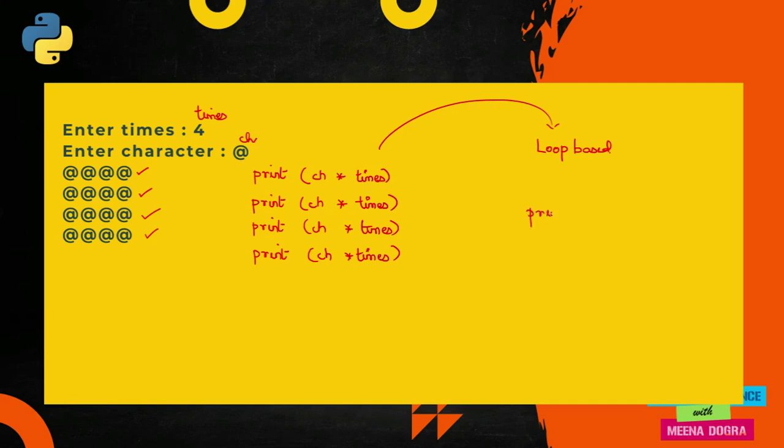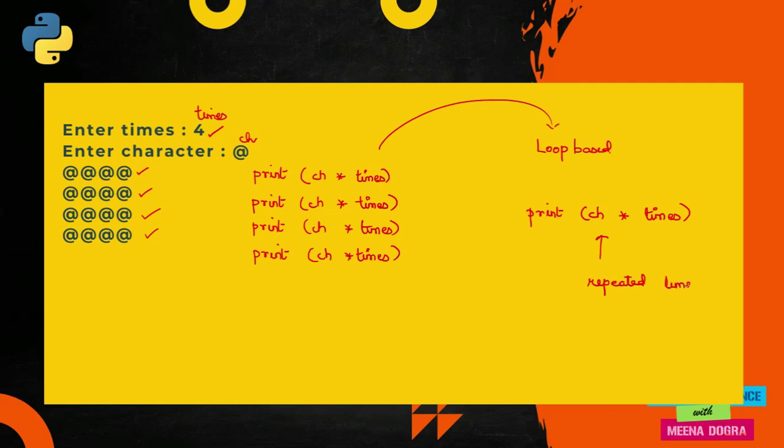My requirement is to print the character entered by the user times number of times. So I'll just write this statement once. And now what do I need to do? I need to run this statement also 4 times, in this example. I need to run this statement also, children, 4 times. So this statement has to be repeated how many times?